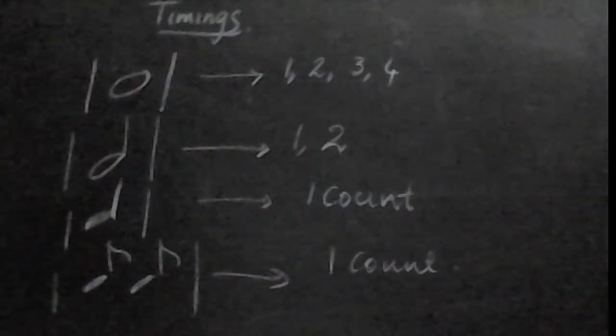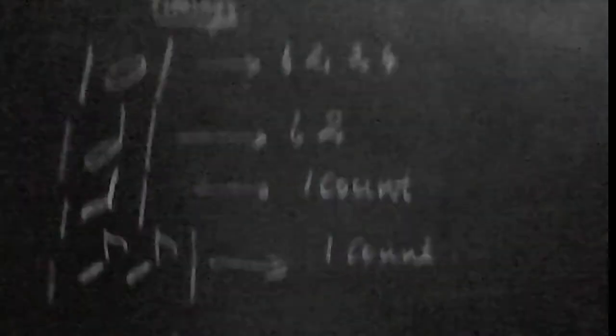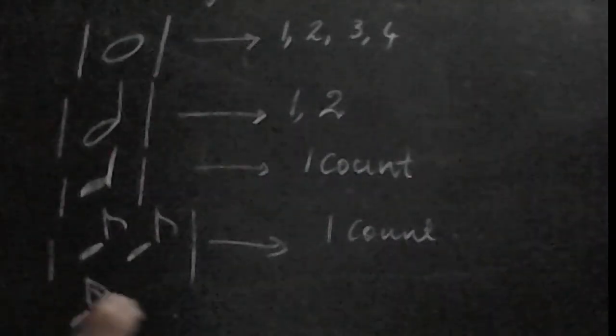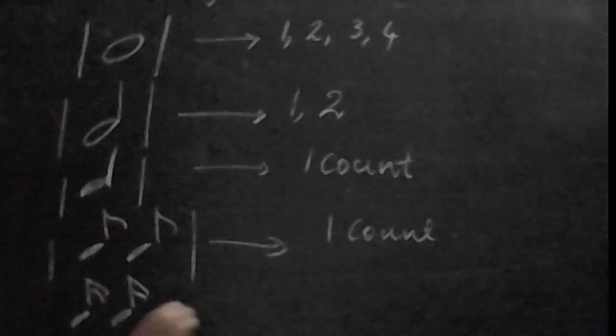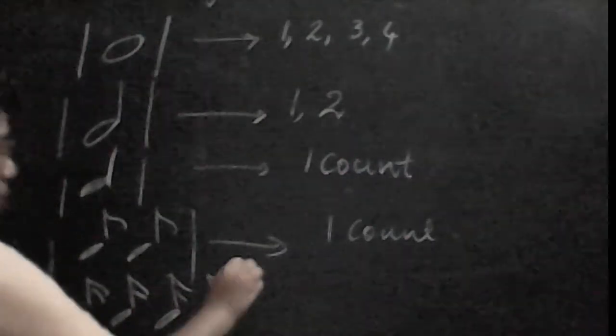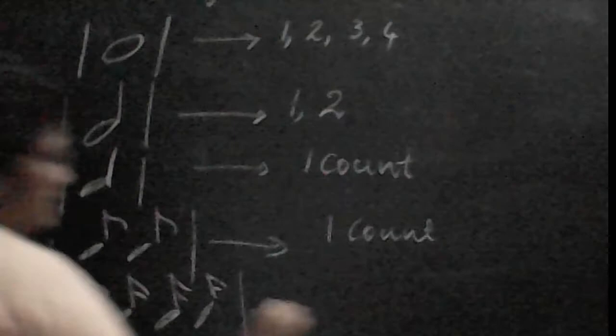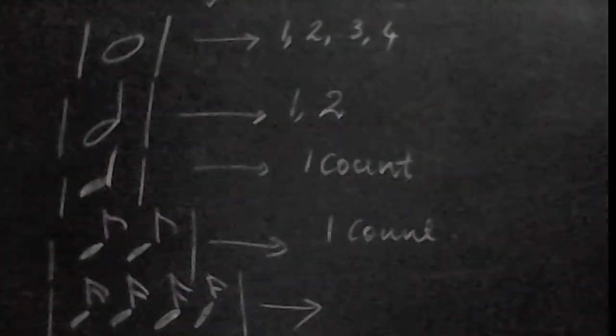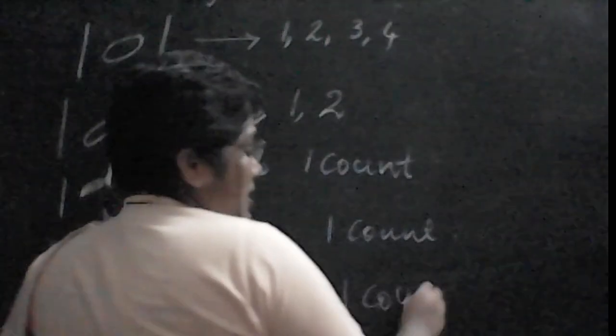Then again I'm going to split this into 4. Again 2 more. That is like this, like this. There are names for this. I'm not teaching the names now. You can find out from the net what's the name given. So all these together is equal to 1 count. What does it mean?